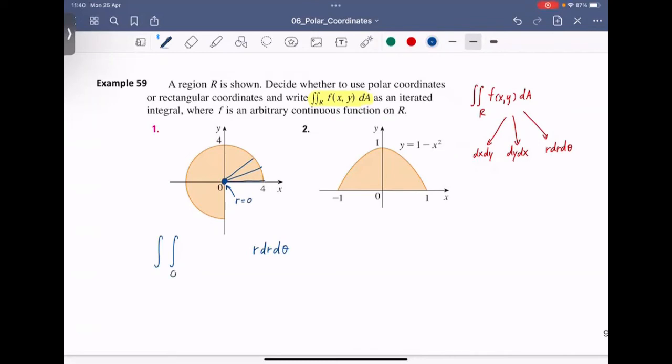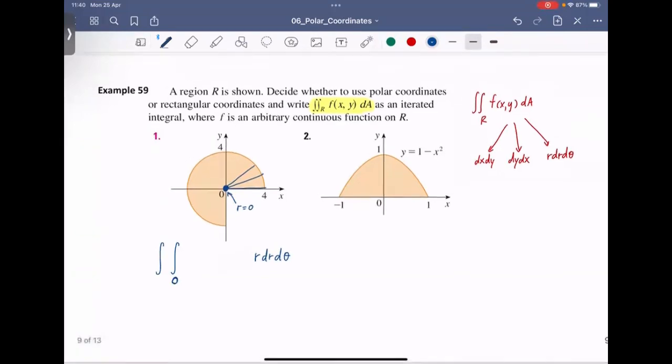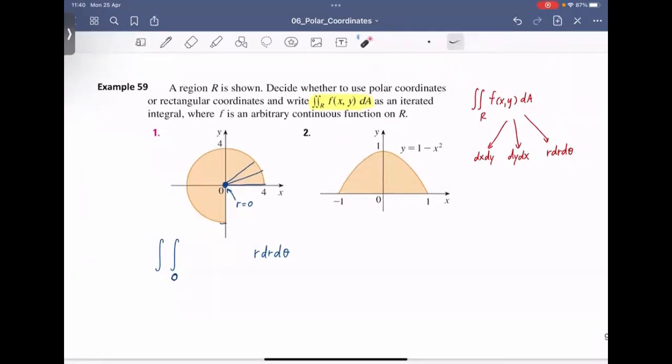So r equals 0 is the pole, the bottom curve. How about the top curve? That is a circle with radius 4, which is x squared plus y squared equals 16, or r squared equals 16, or r equals 4. So r goes from 0 to 4.